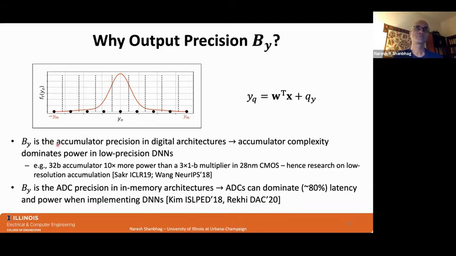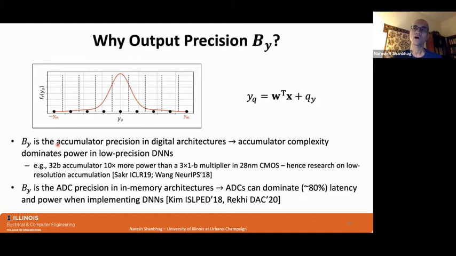And it has been found that even if you have binary networks or very low precision networks, where hyper precision reduction has been applied, let's say 3-bit weights or 2-bit weights, 1-bit activation, or vice versa, you still have to do long, high dimensional dot products. And the output of those dot products needs to be assigned a certain precision.